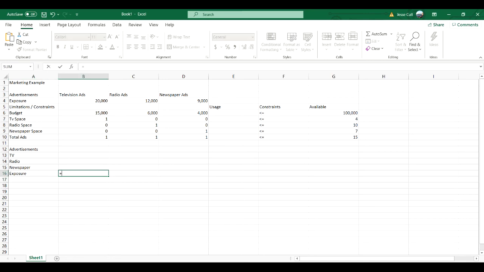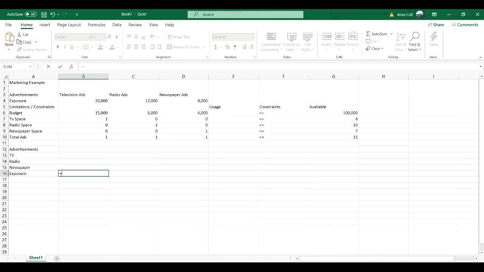Exposure. Very simply, exposure is the amount of TV ads we buy times the exposure per commercial. The exposure for radio is the amount of radio ads we buy times the exposure for one commercial on radio.